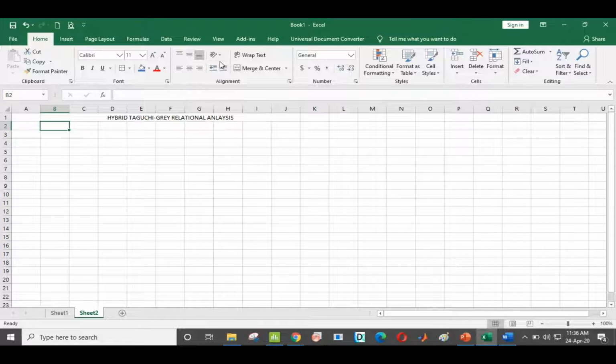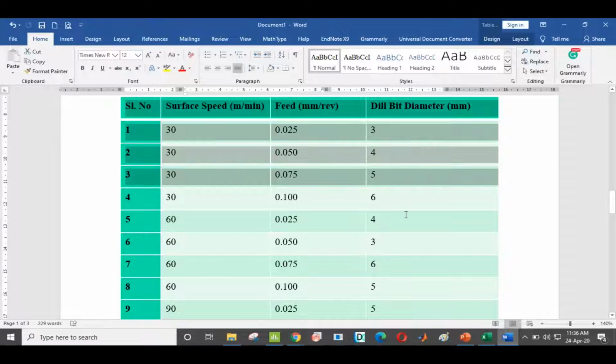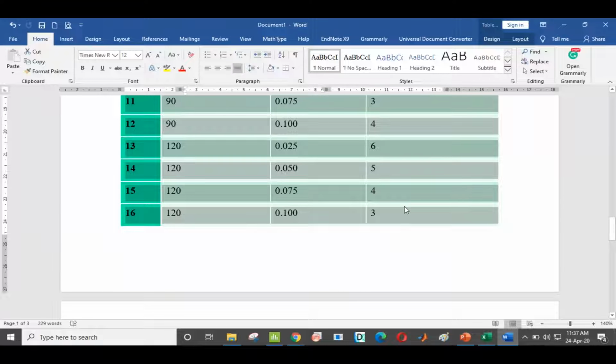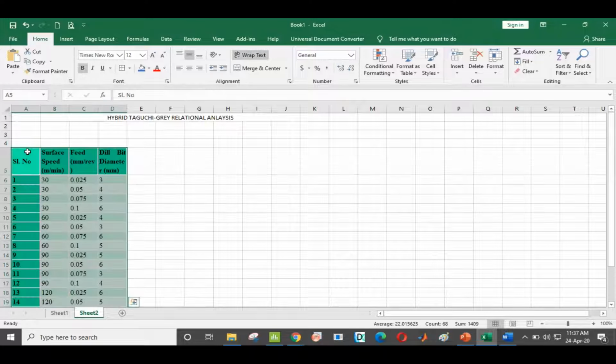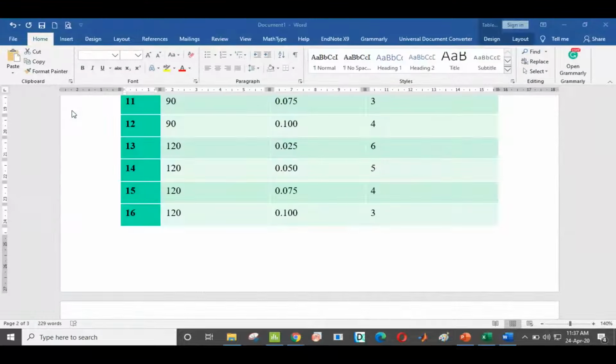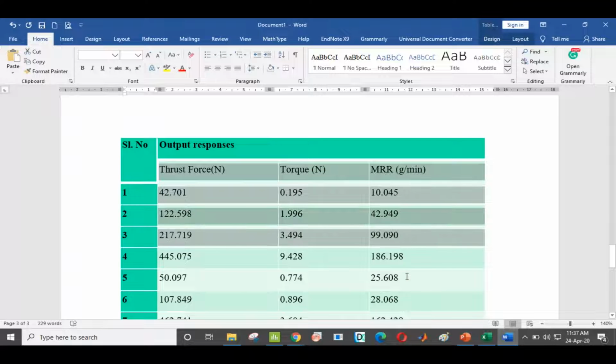For this, we have considered the L16 orthogonal array. So those input values I am going to choose, and further, the corresponding output values I am going to have.